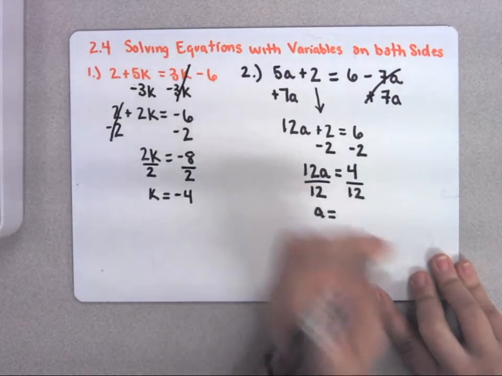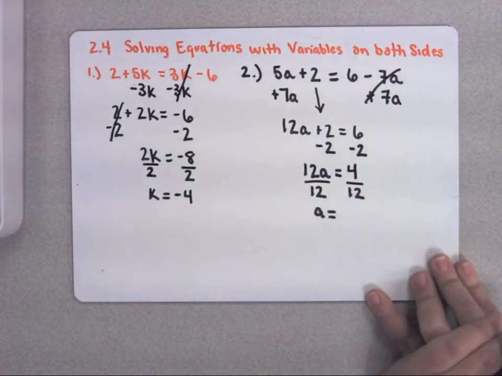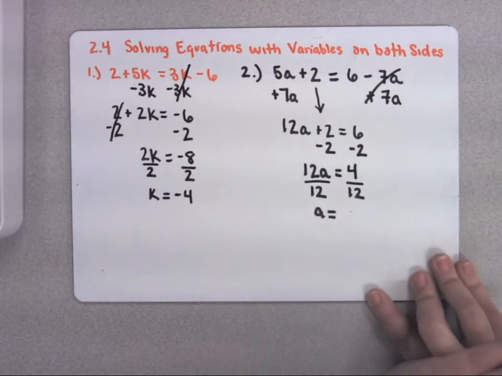Is this going to be a whole number answer, ladies and gentlemen? No. When we don't get a whole number answer, how do we write our answers? As fractions. Remember, we should write our fractions top to bottom, just like these are. 4 divided by 12. Does that reduce to a nice fraction? Yeah.